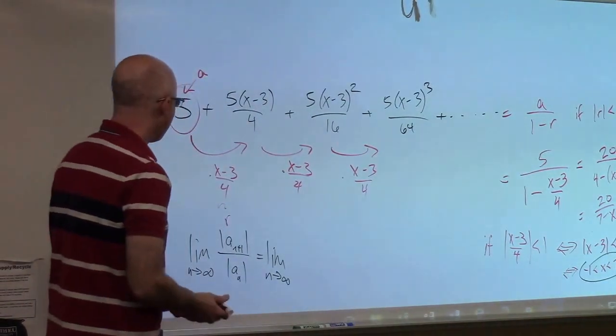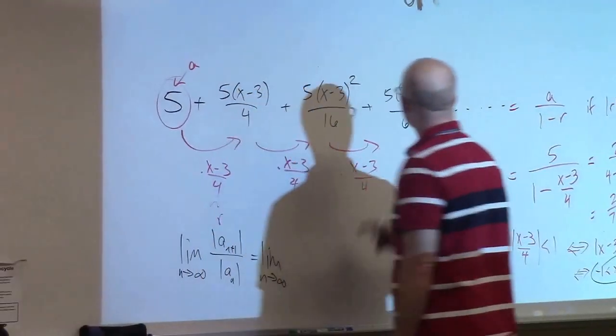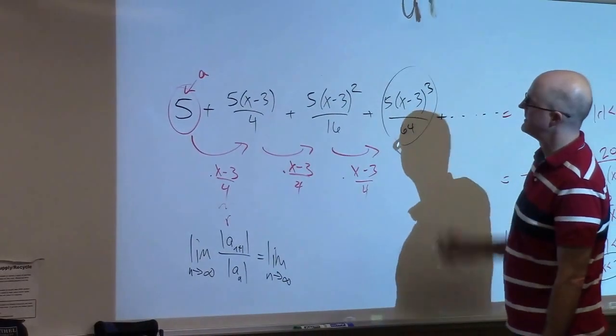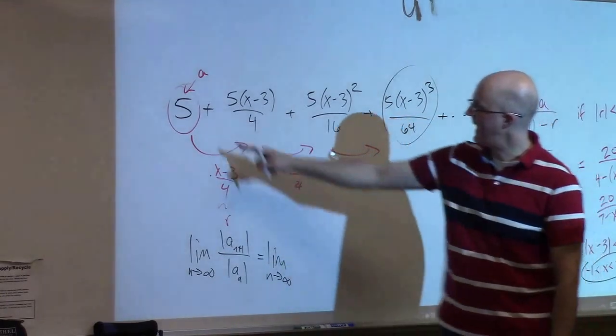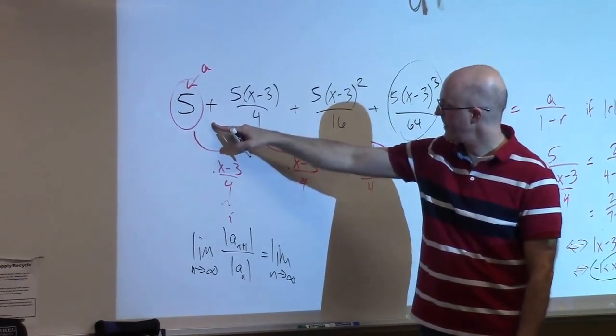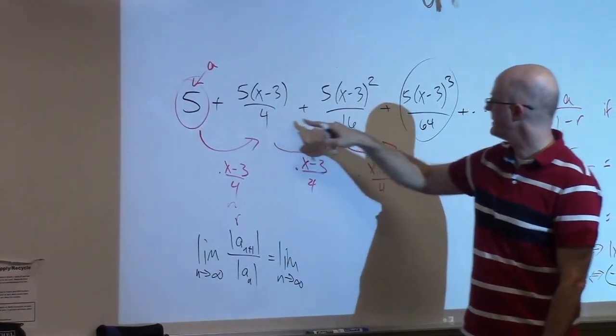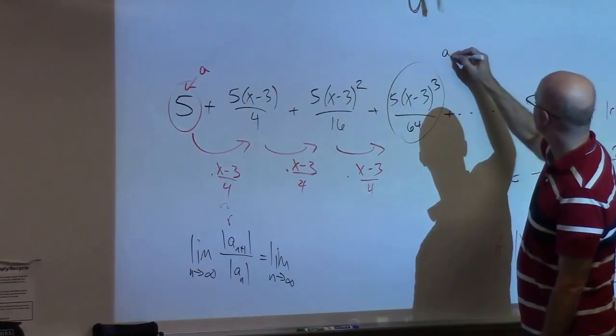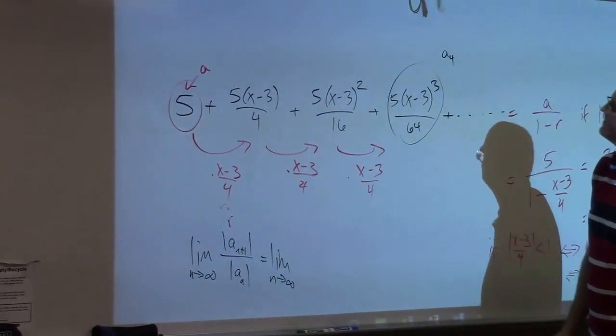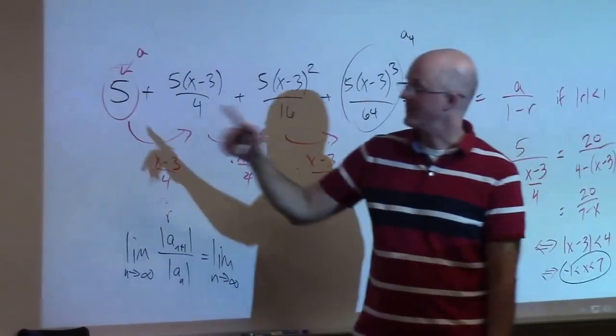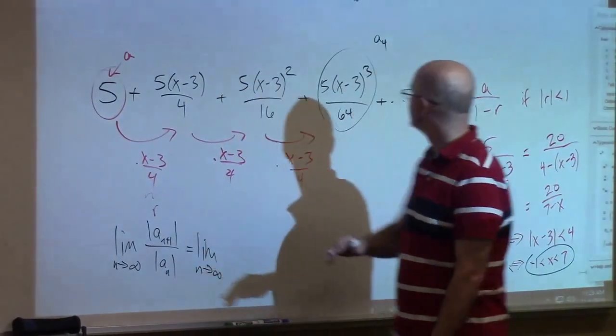What's your general a_n here? You could call this a1, a2, a3, a4. You also could call it a3 if you called this one a0, but we don't typically do that.